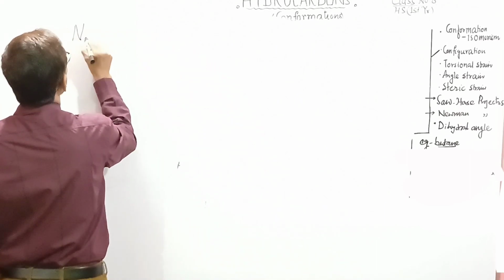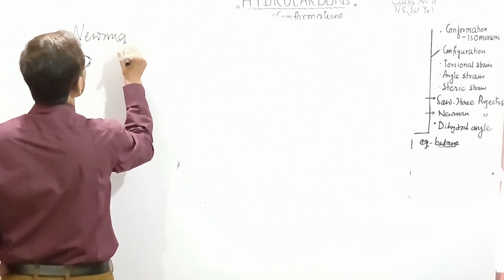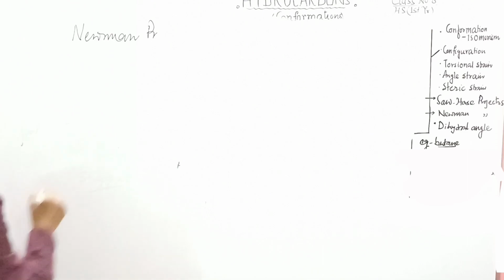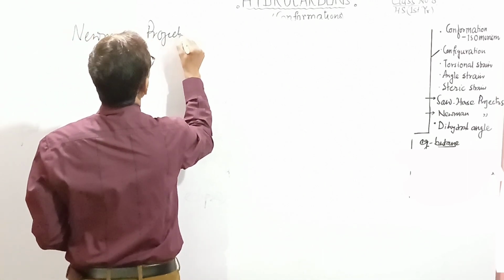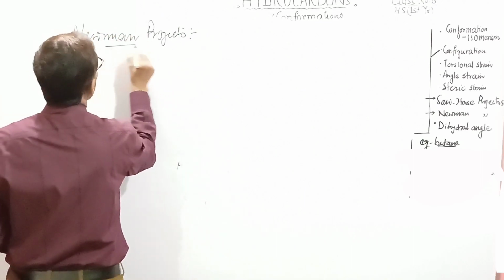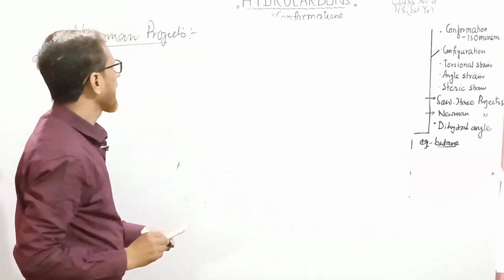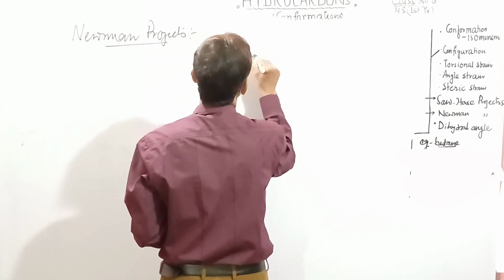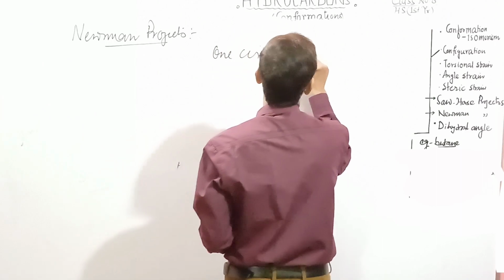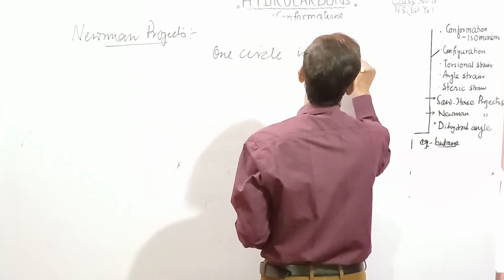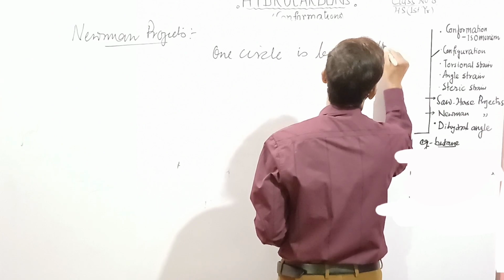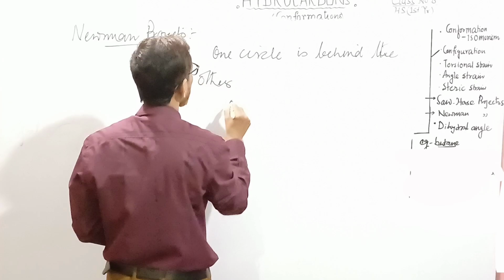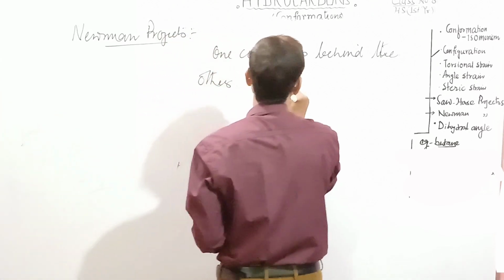Newman projection. Here one circle is behind the other.